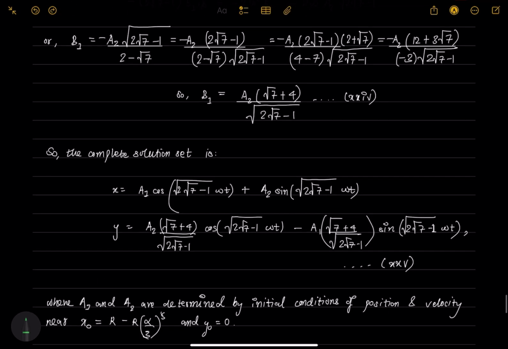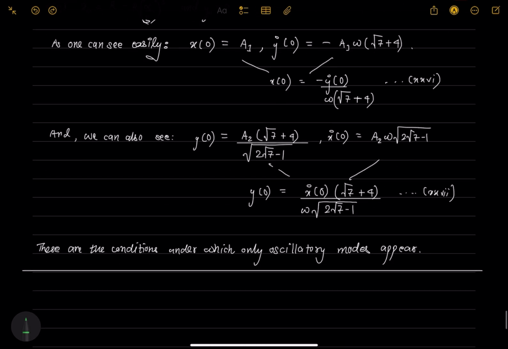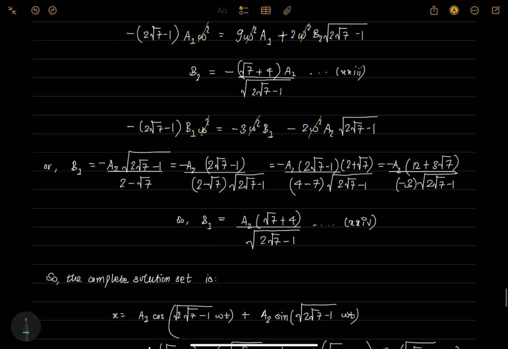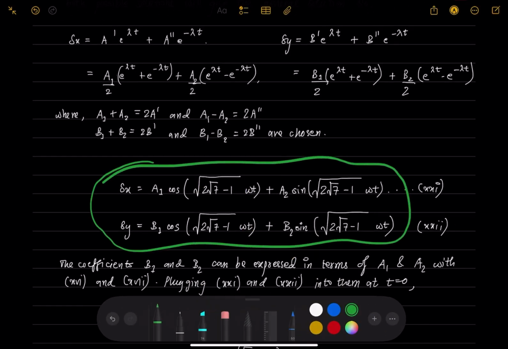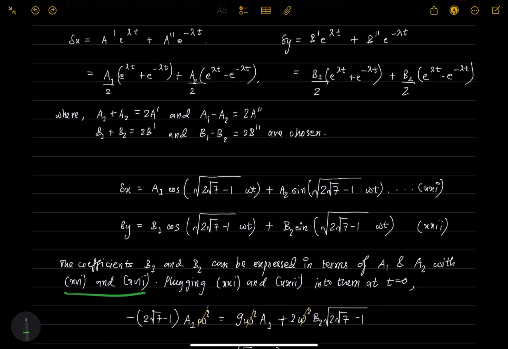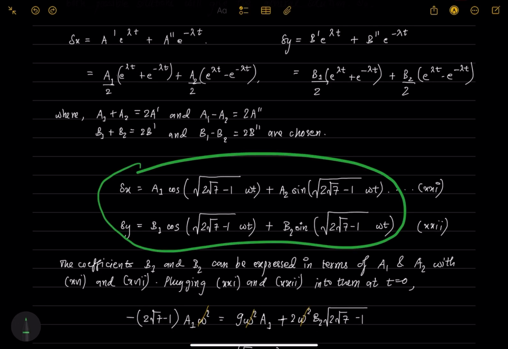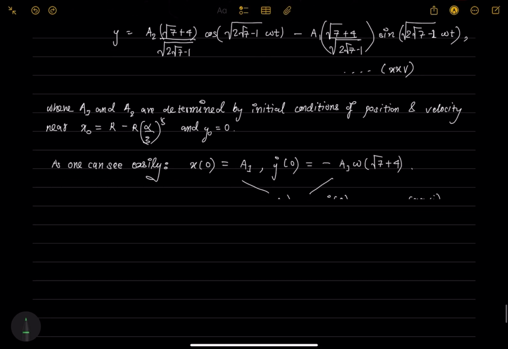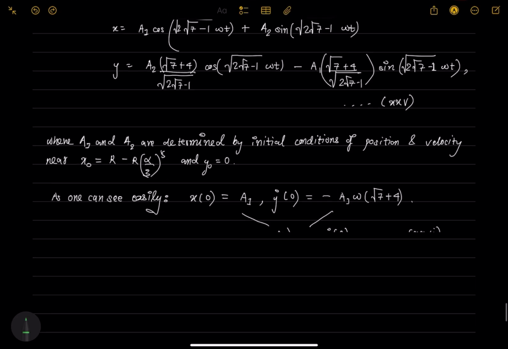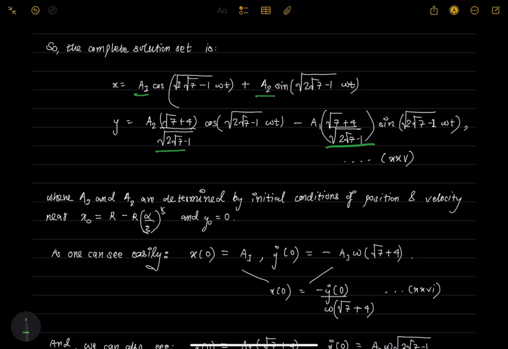And that means that only under this particular condition, which basically were obtained by plugging in the oscillatory mode solution into the differential equations, they have to satisfy Newton's laws. And they'll only satisfy Newton's laws if and only if the initial positions and velocities are related. These coefficients that determine initial positions and velocities, they're related.